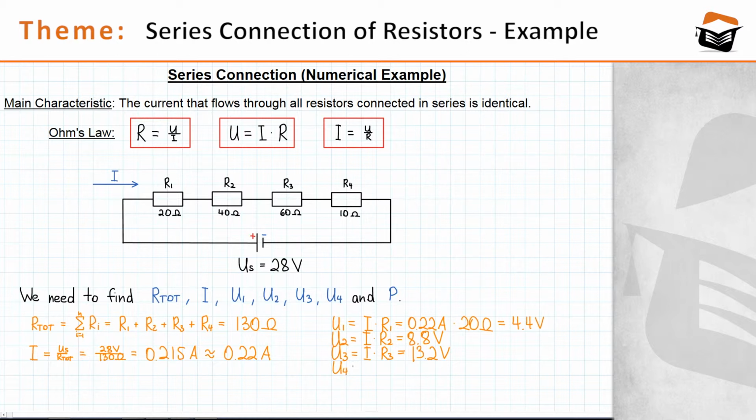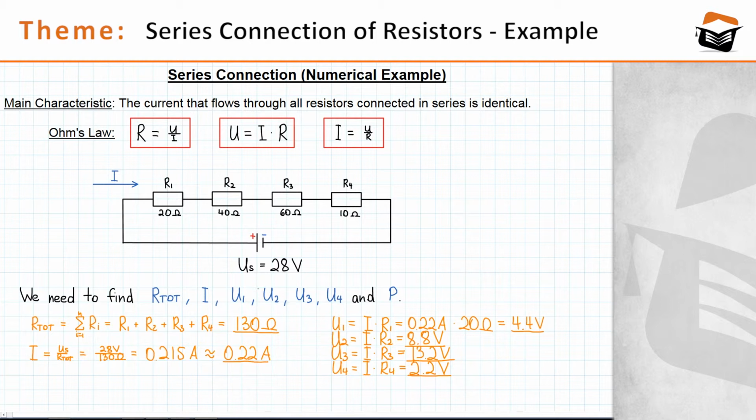And U4 is I times R4, which is equal to 2.2 volts. I'm gonna underline the values to make them stand out. So we have computed the voltage drops across each individual resistor.